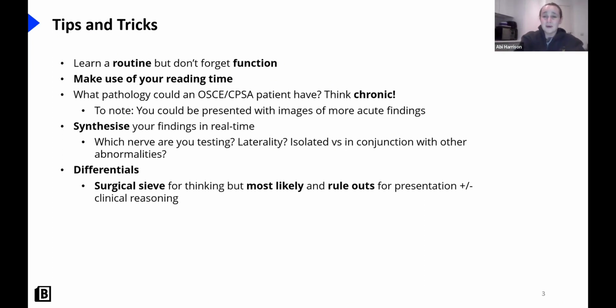So to come up with some differentials, a good way to come up with a lot of differentials is your surgical sieve. There's a really good mnemonic called vitamin C, D, E, and each letter of that stands for a different type of pathology. So things like vascular pathologies, infective pathologies. And then for each of them, you're thinking about what different differentials could come under them.